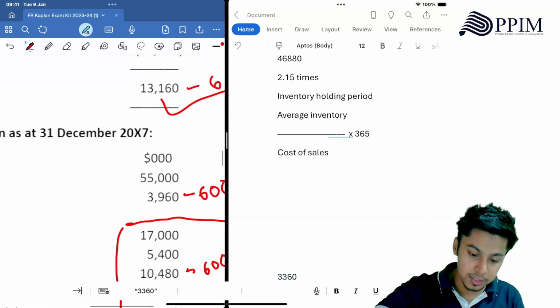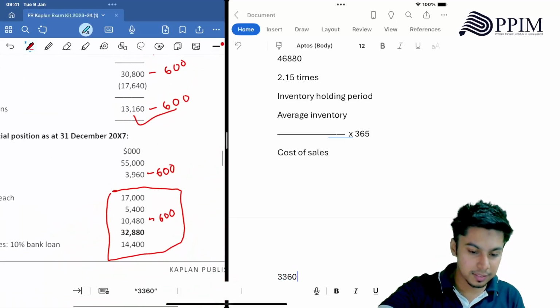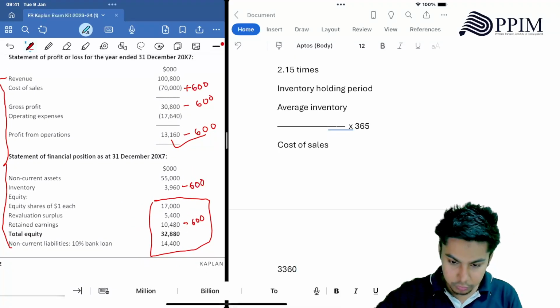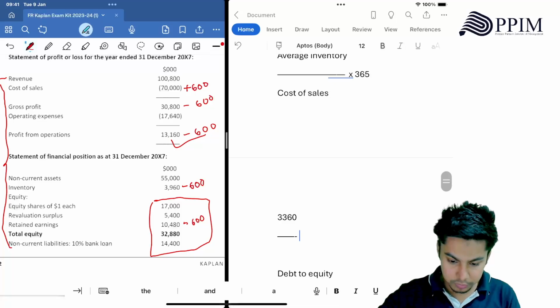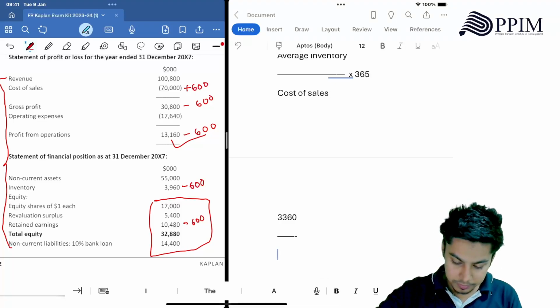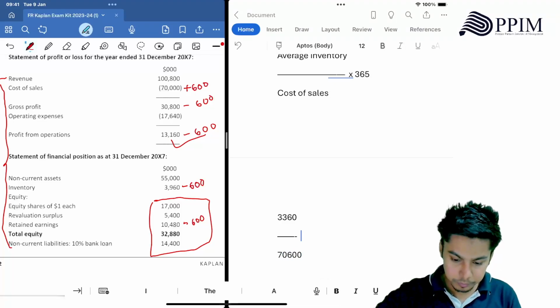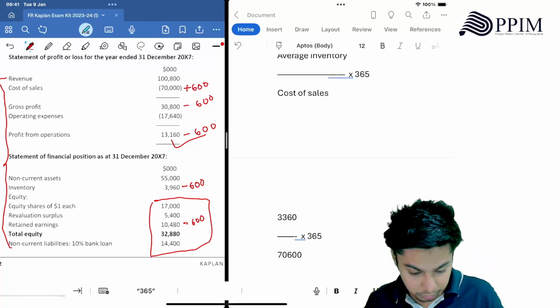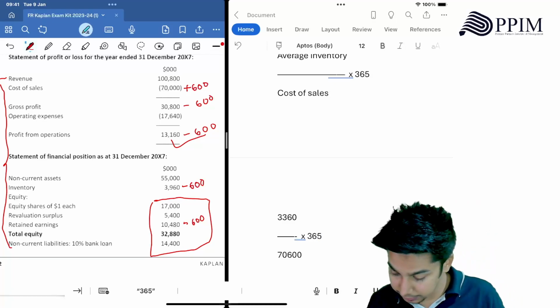Here you can see 3,960 minus 600. Then divide the whole thing by cost of sales. In my paper, cost of sale is going to be 70,600. That into 365. So 3,360 divided by 70,600, that into 365. What's the answer, guys?